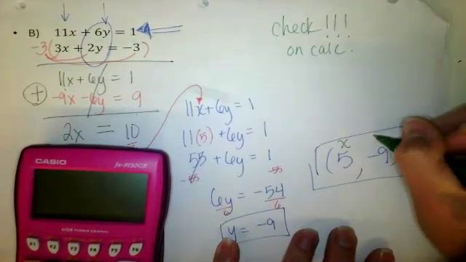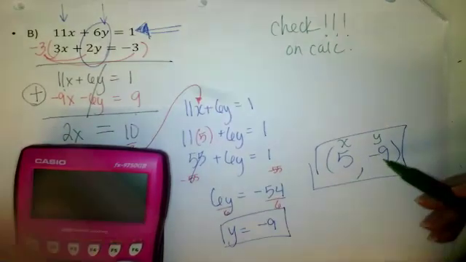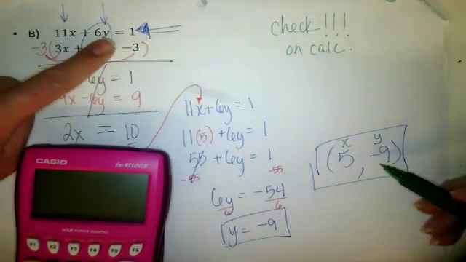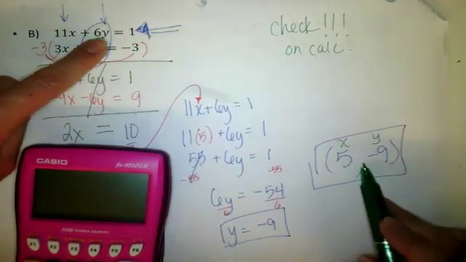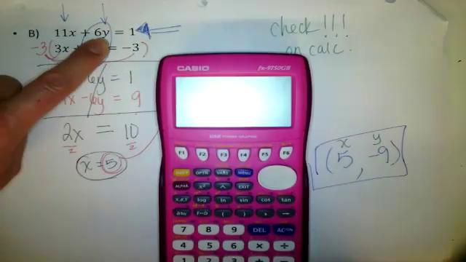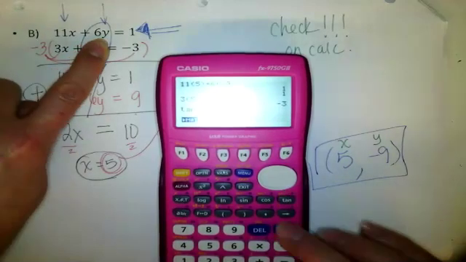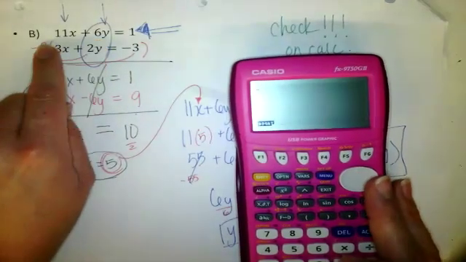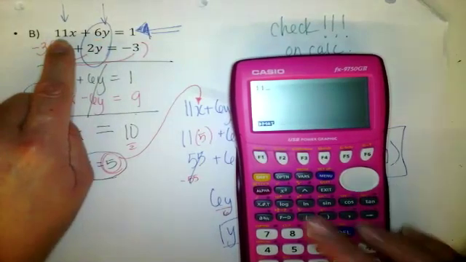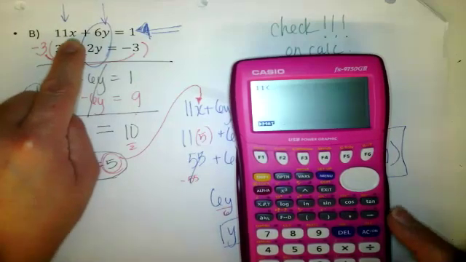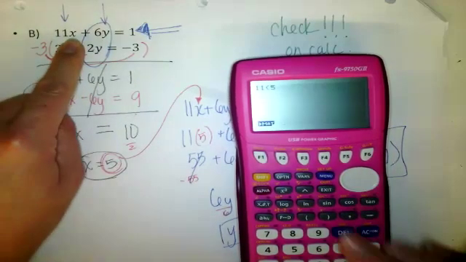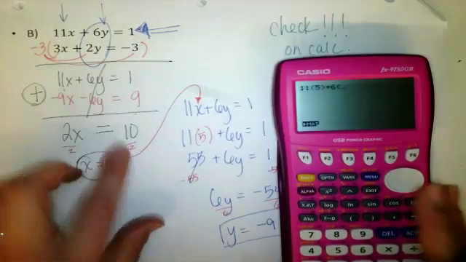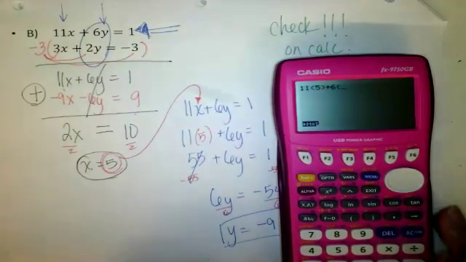So I'm going to take my calculator and I'm checking these answers. The x was 5 and the y was negative 9. So I'm going to go back to my original equations and plug in for x and y. I'm going to plug in the 5 for the x and the negative 9 for the y. I'm going to take my top equation, 11, and use parentheses. 5 plus 6, negative 9.